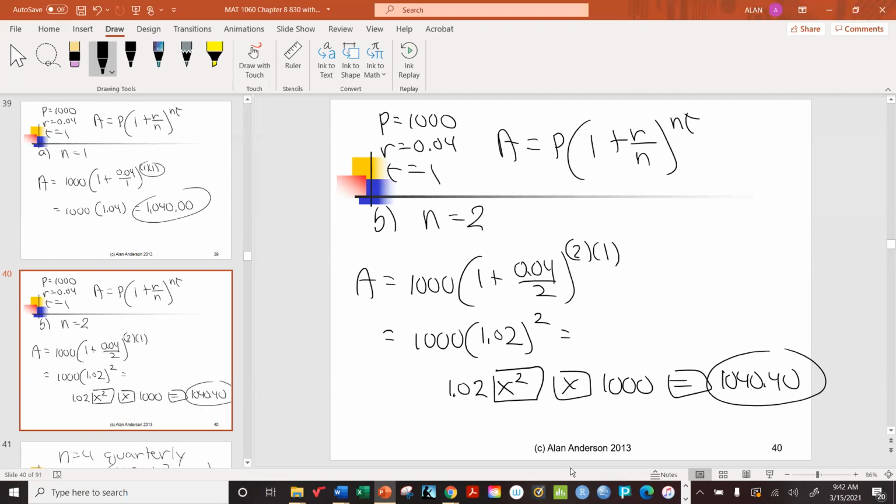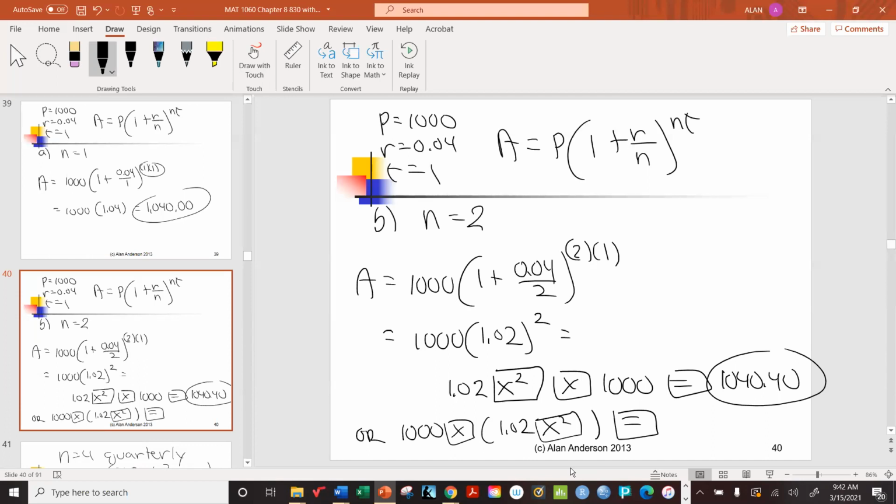Remember those 40 extra cents? If you don't want to do it this way, if you go from left to right, you'll need to do this: 1,000 times, open parentheses, 1.02 squared, close, and equals.